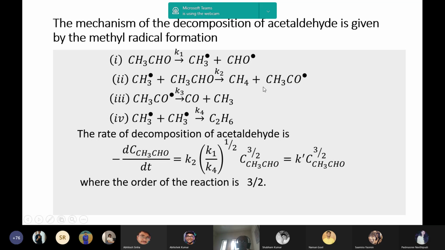CO is the keto group, CH3CO, ketone radical, and CH3CO is decomposed to carbon monoxide and CH3 radical again. And this CH3 radical, after addition, gives C2H4.